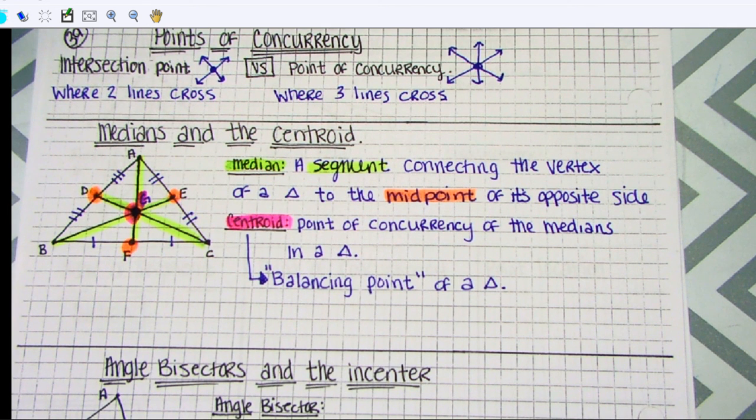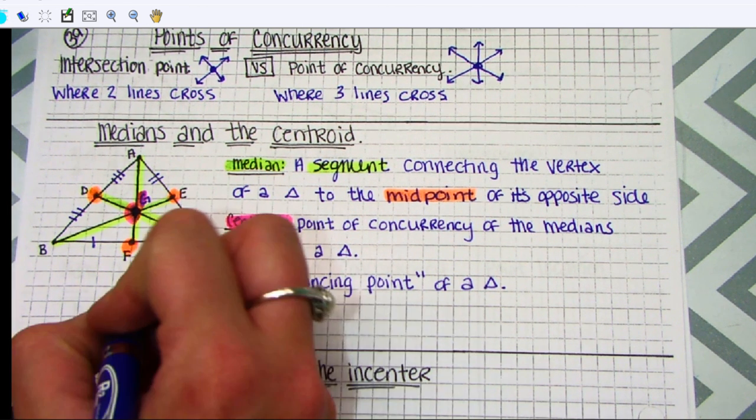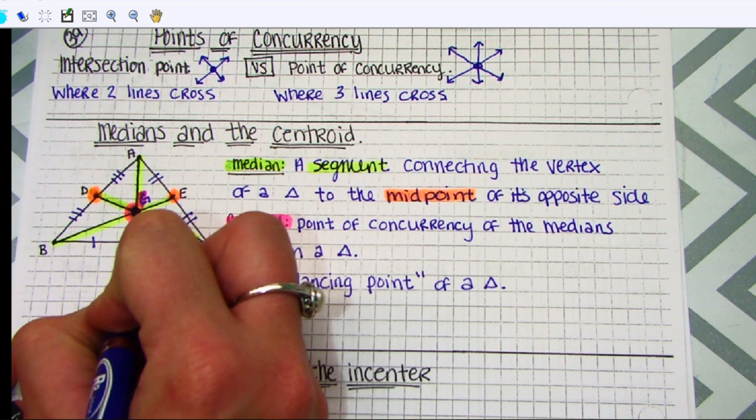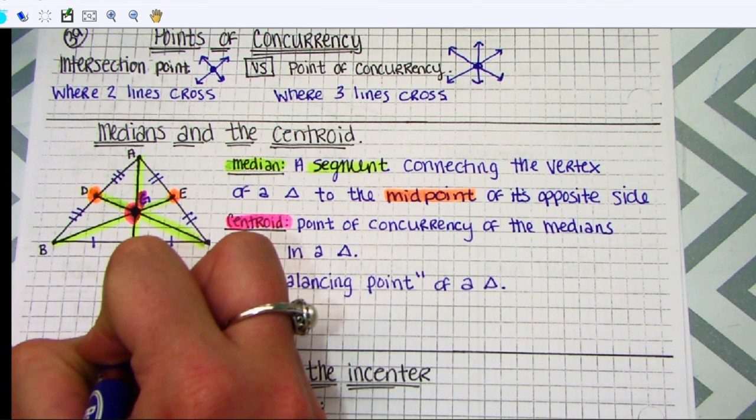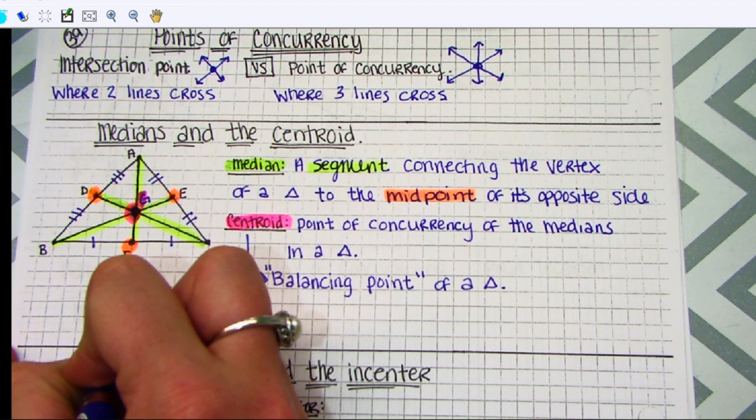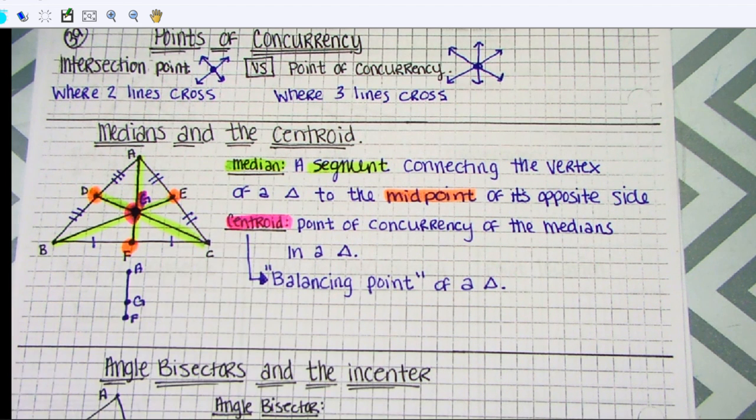So I'm going to redraw AF. I'm going to put A, go down 2, put G, go down 1, put F. So what we're doing is mimicking the median AF. By drawing it 2 blocks and 1 block, we're able to represent our equation a little bit easier.